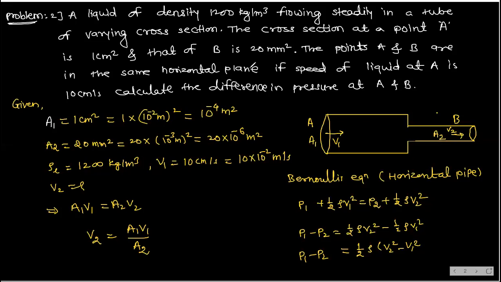So the answer for this V2, if you substitute, is 0.5 meter per second. And this answer, P1 minus P2, is 144 Pascal. Okay, note down fast.